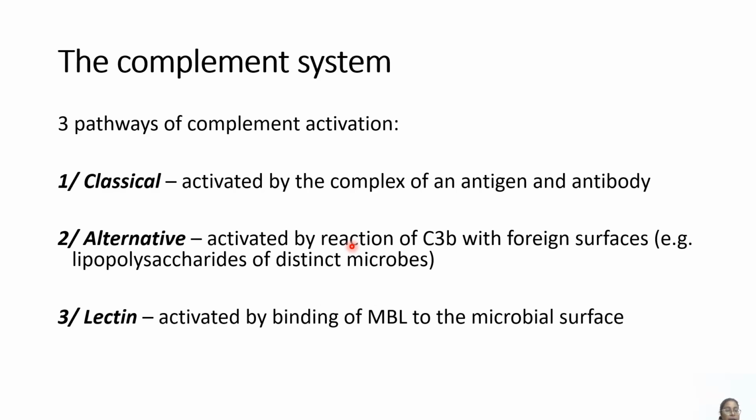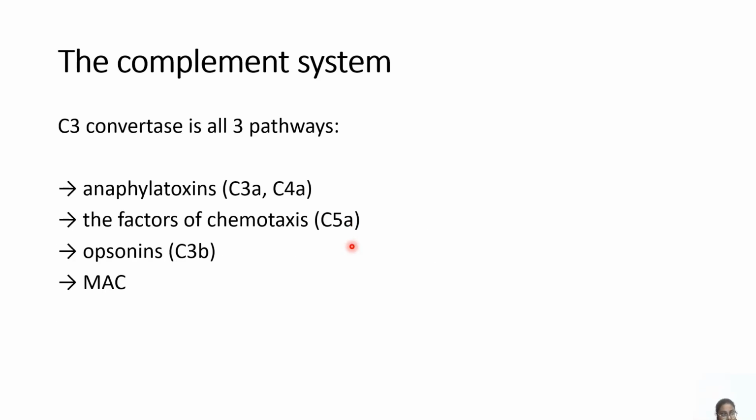So there are three paths of the complement activation. Classical, activated by the complex of an antigen and antibody. Then alternative, activated by reaction of C3b with foreign substances like lipopolysaccharides of certain microbes. And then lectin, that is activated by binding of the MBL to the microbial surface.